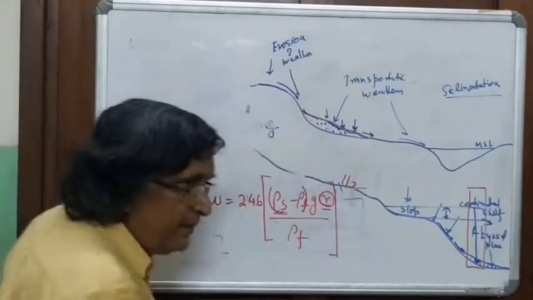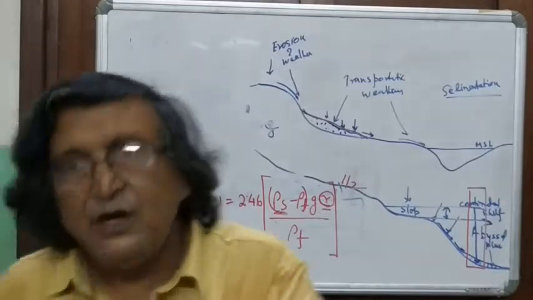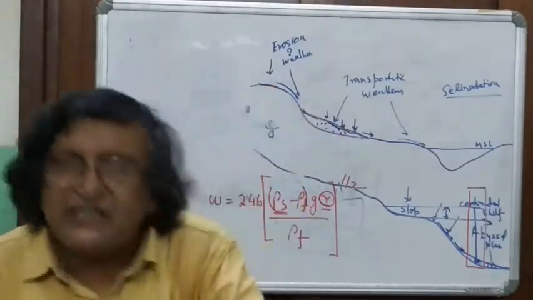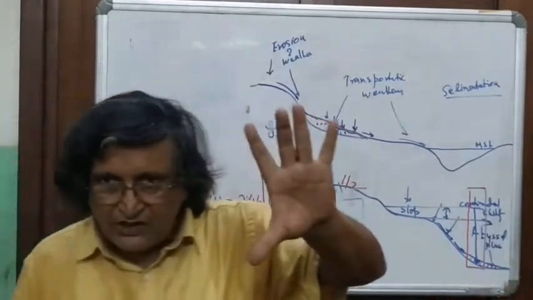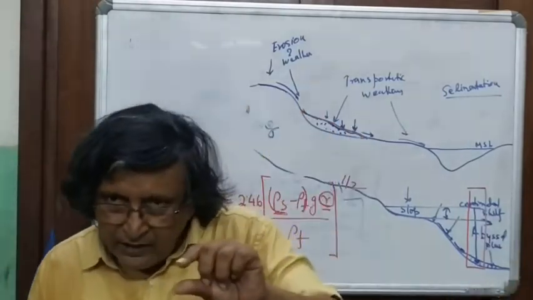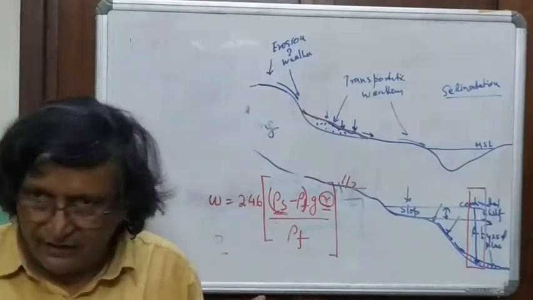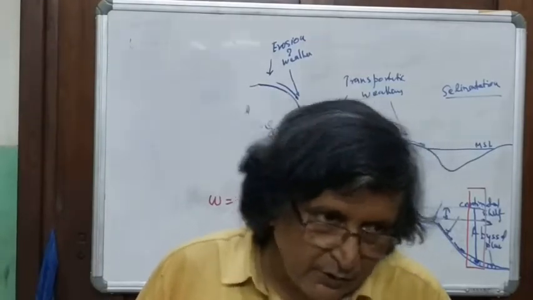Here the water column is small, so effective segregation will not happen. So there are two things. One is the actual water column, and the other one is the effective water column over which the differentiation is occurring. It will do the same damage to you.